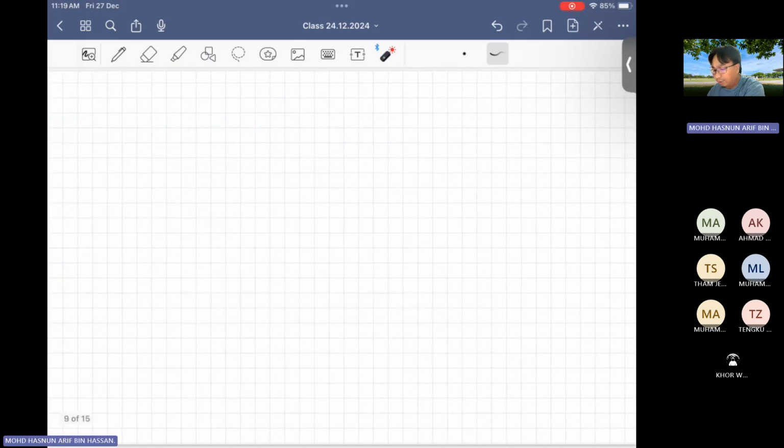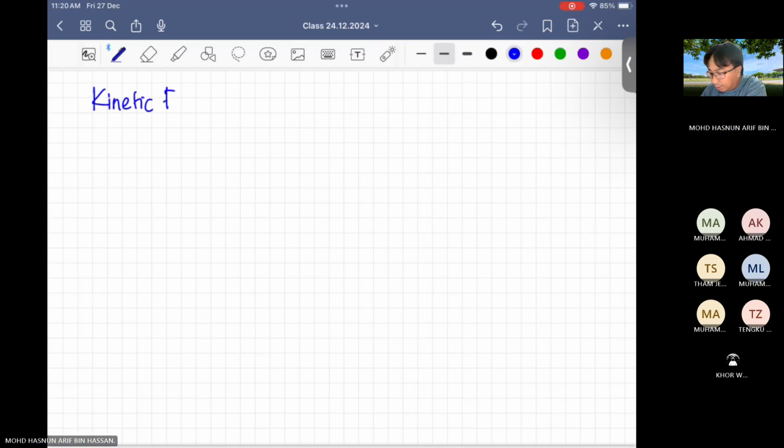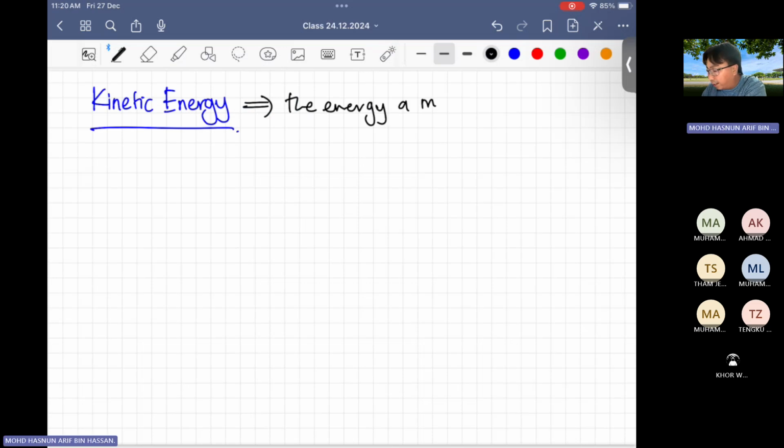So this is the first topic in this chapter that we will discuss, which is kinetic energy. Kinetic energy is basically the energy a moving object has. Every object that is moving, that has motion, will have kinetic energy.